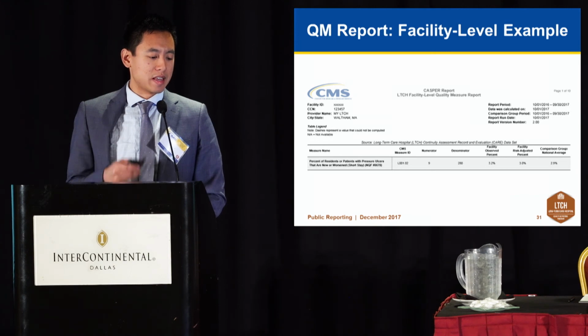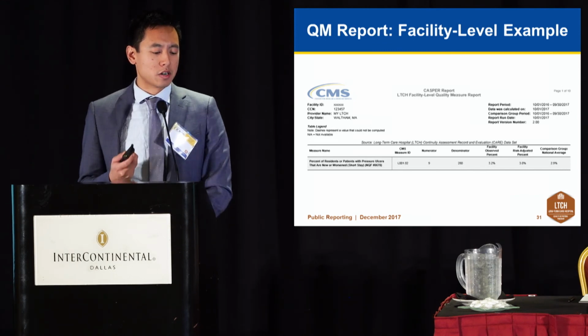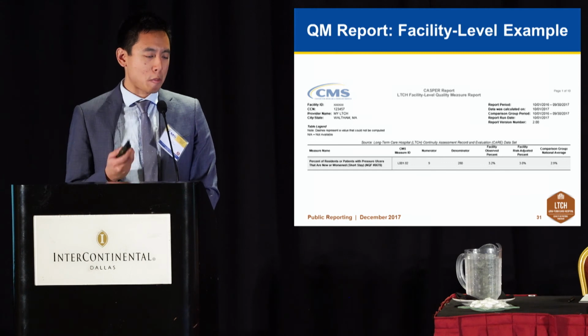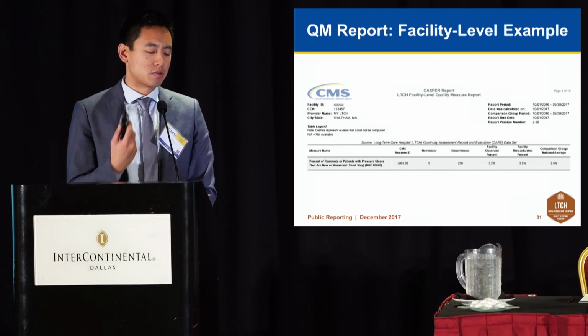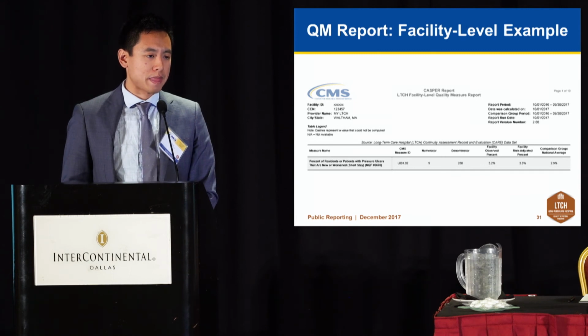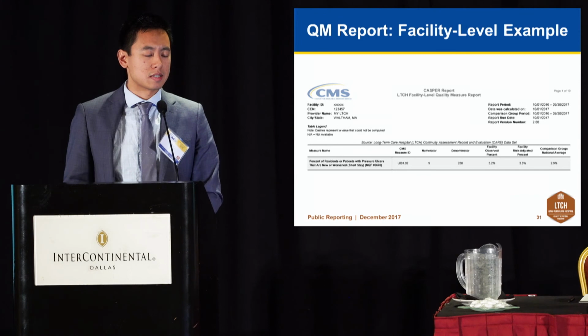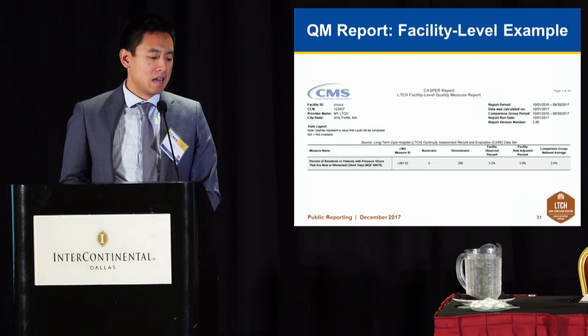Then the date the data was calculated on. Below that is the comparison group period. For this purpose, the comparison group is the national average. So that's one difference between this report and the review and correct reports: this shows the national average. So you can compare your performance versus the national average for that report period.